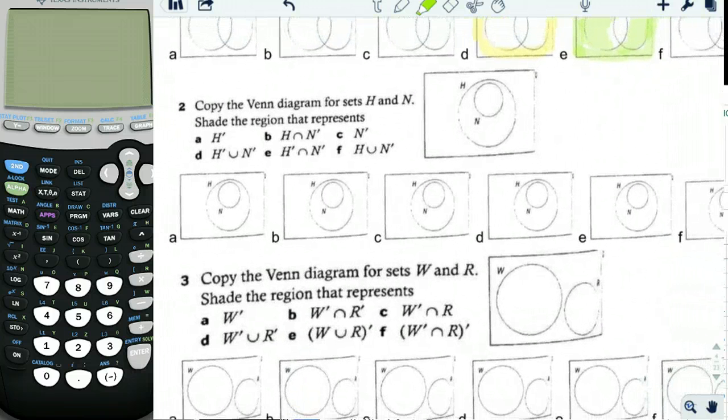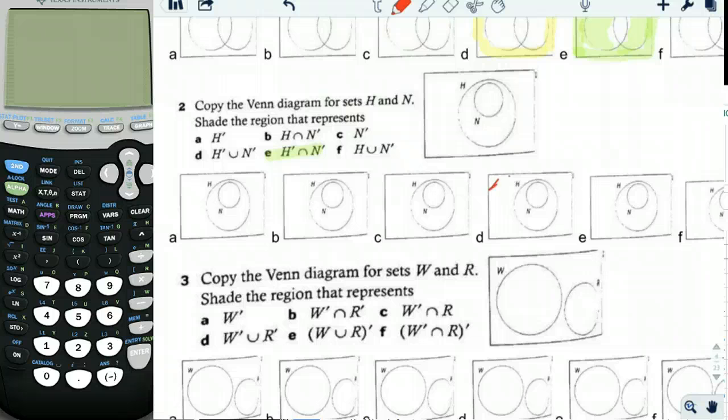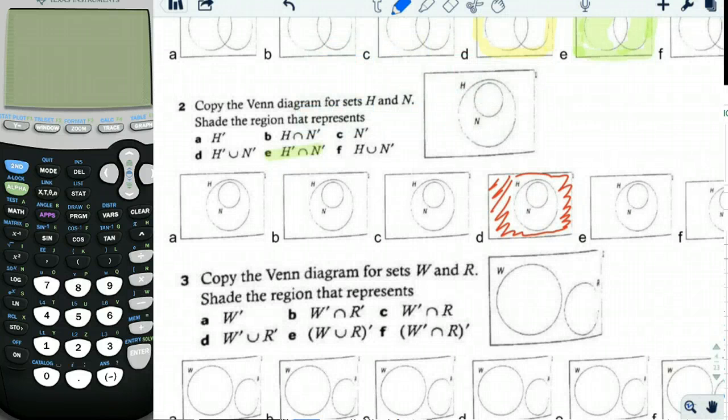Now let's do a couple of these for H and N. So we'll do this one here. So E. Not H intersected with not N. Okay, so let's say not H would be everything outside of this region, H. And then not N would be anything outside of this region, N. So they want the intersection for that.